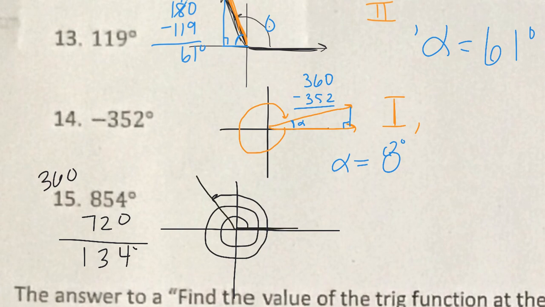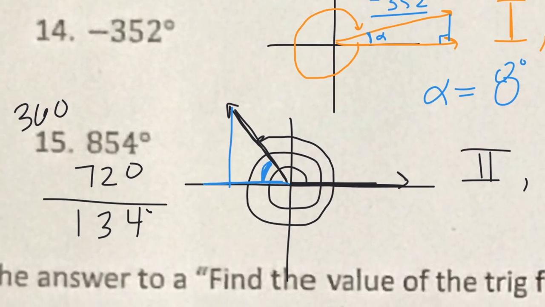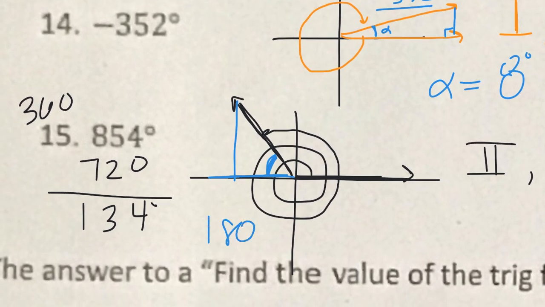So our 854-degree angle ends in the second quadrant. And if we drop a vertical line, we can find the reference angle, which is just the one that gets us to our x-axis. So 180 minus 134 is 46 degrees.